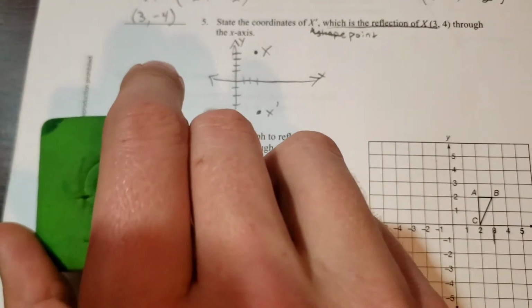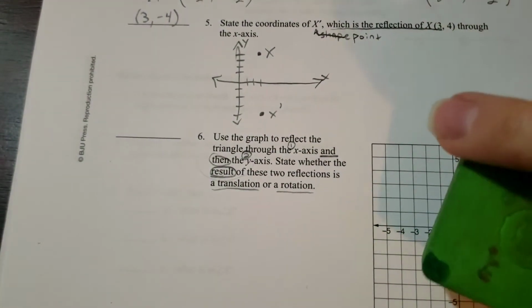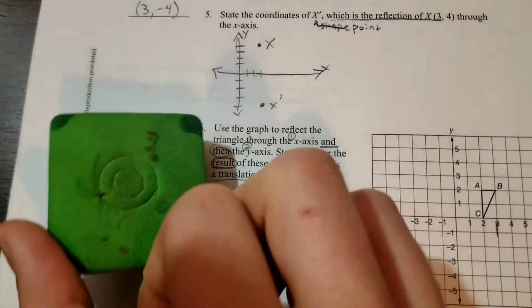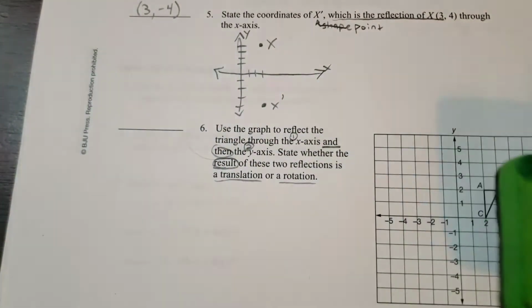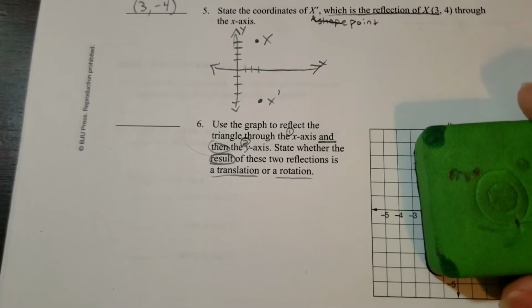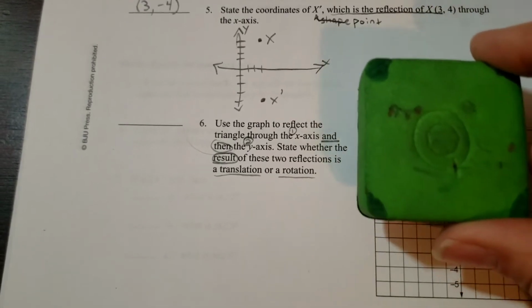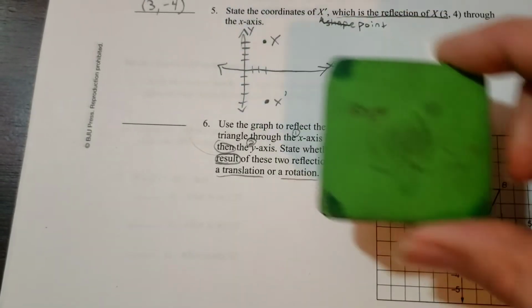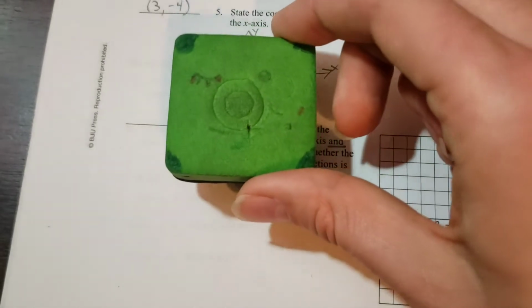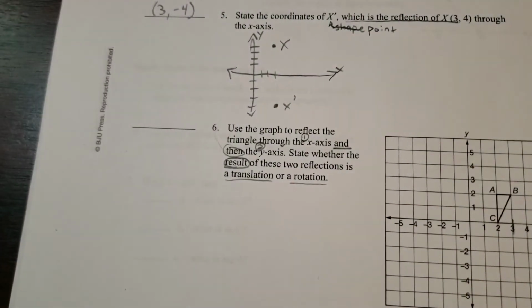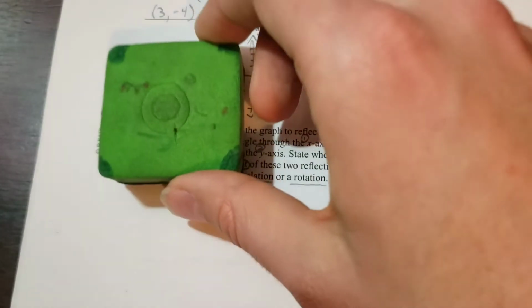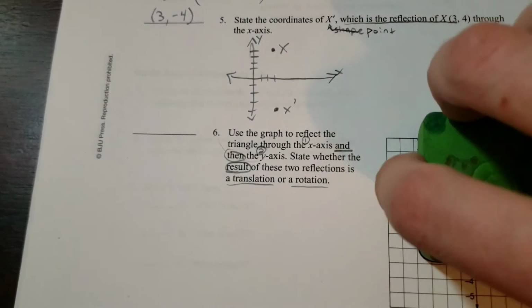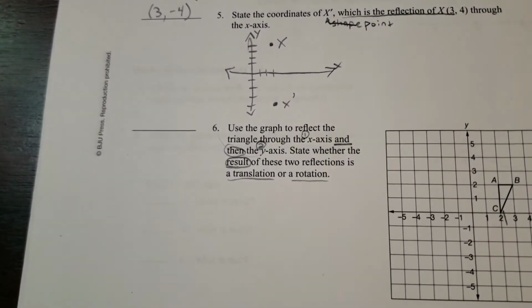See the difference is now it's kind of swinging around. That's rotation, but translation is just picking up, not changing direction. Just picking up and moving. That's translation, picking it up, moving it. Rotation is turning it, right? Just like a clock rotates.